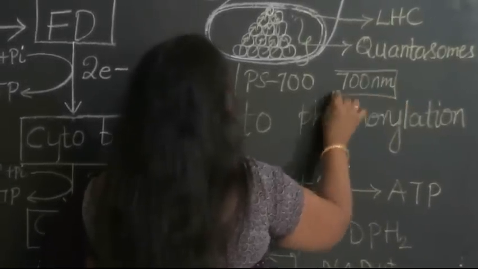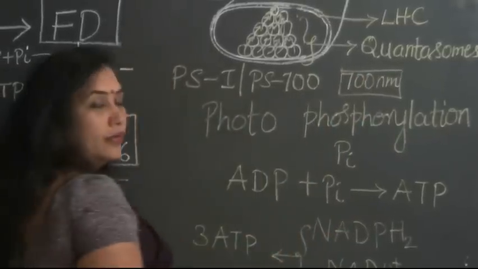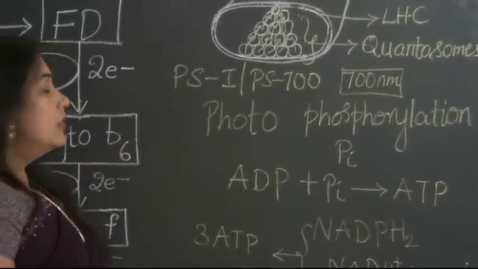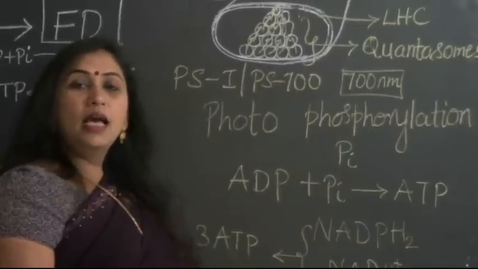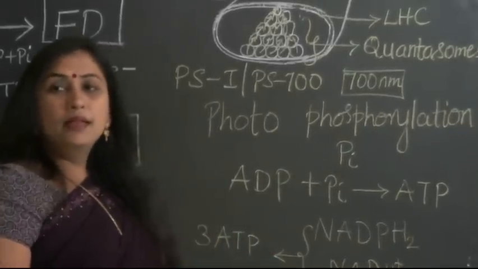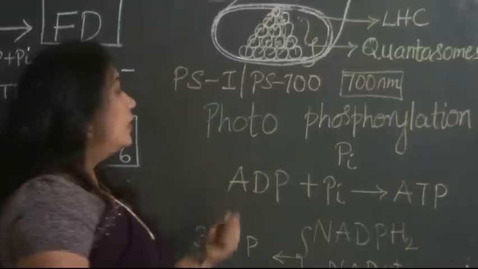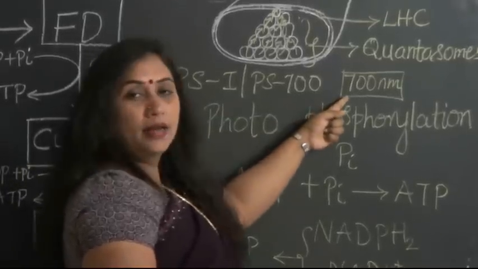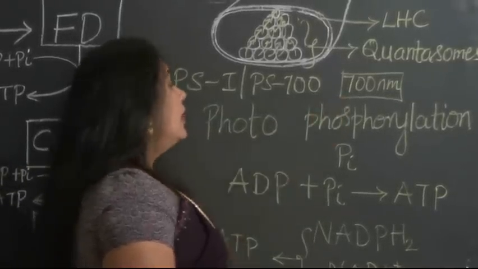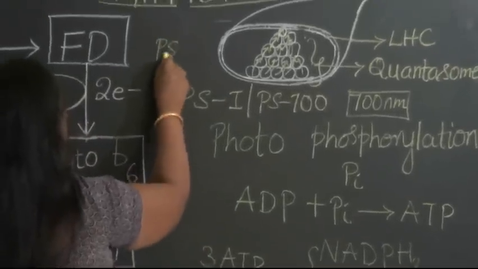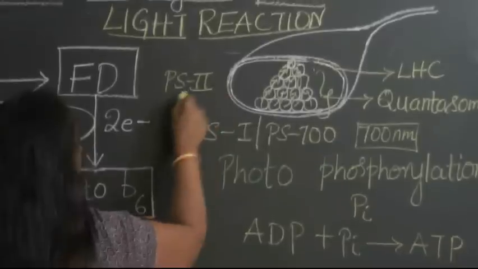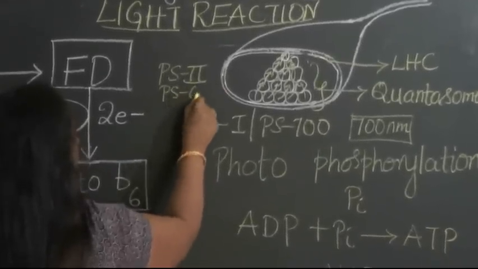So what do we mean by PS700? It means the chlorophyll A molecule under consideration has the ability to trap sunlight of wavelength 700 nanometers. Then we have another photosystem, namely photosystem 2, or else PS680.